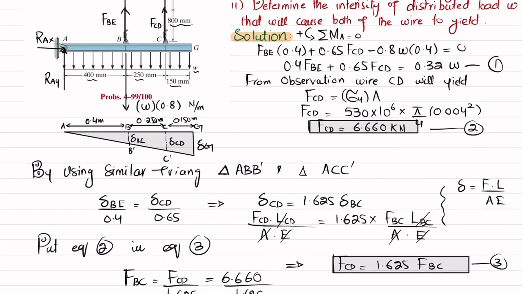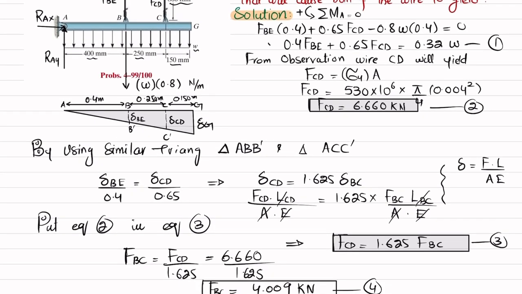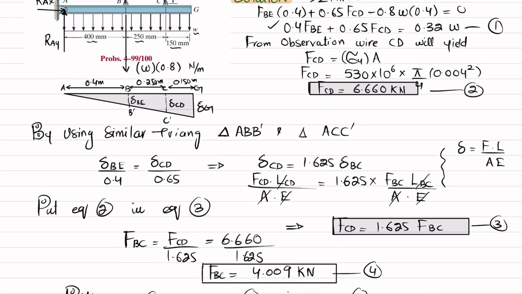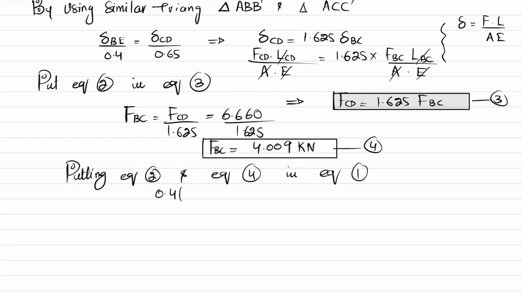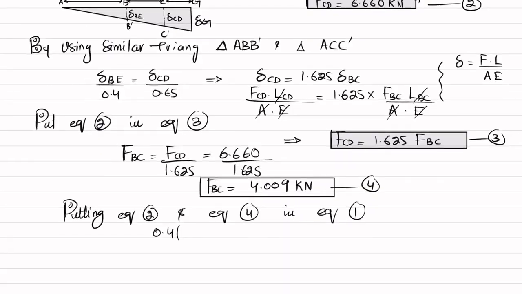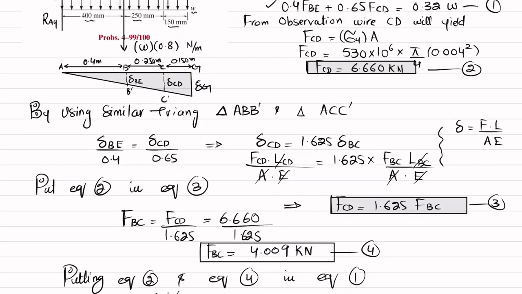Now put the value of equation 2 and 4 in equation number 1. This is your equation number 1. So putting equation 2 and equation 4 in equation 1, how we will put is 0.4 times FBE. So this is delta BE.